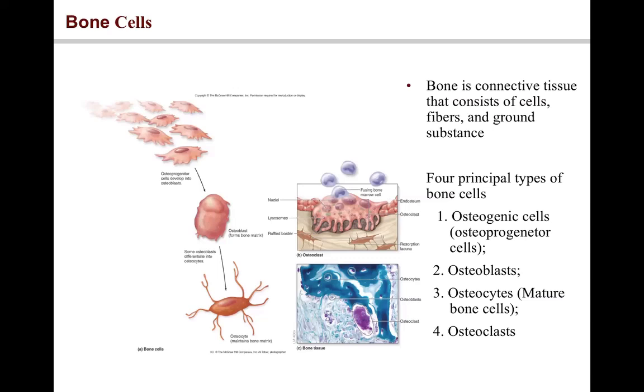But remember, they are non-mitotic, that means they do not divide. These osteoblast cells basically mature to form the osteocyte cells. They do not divide, but they mature into the next form, which is known as osteocyte cell.